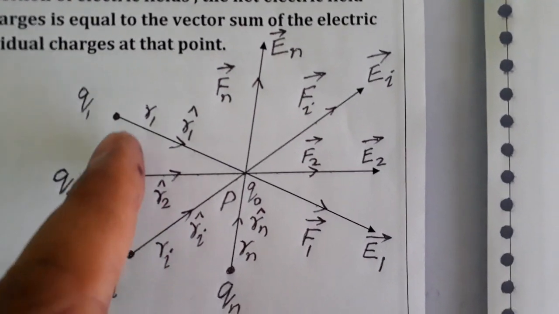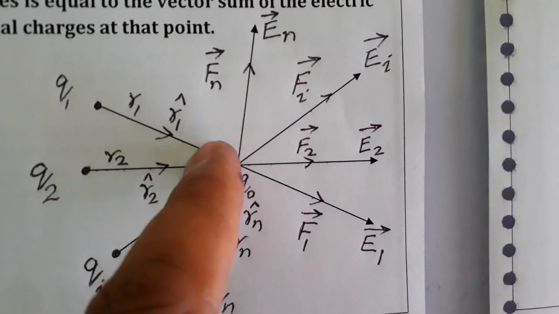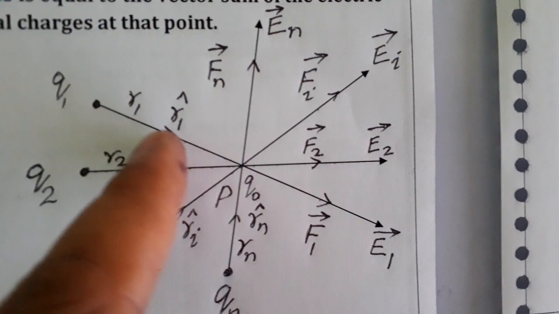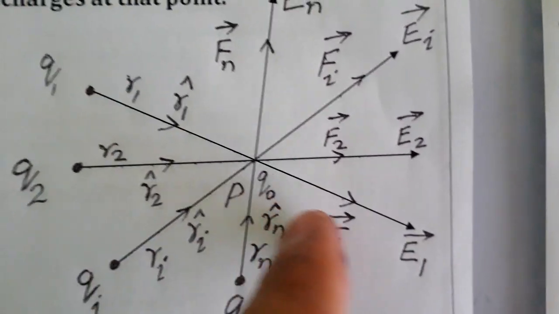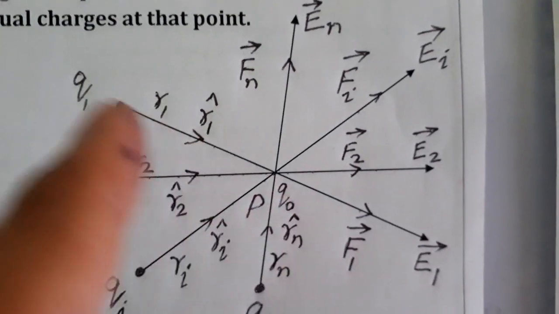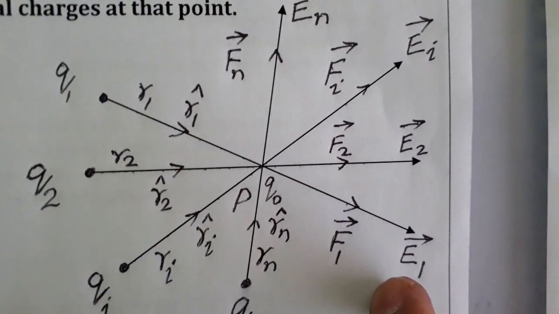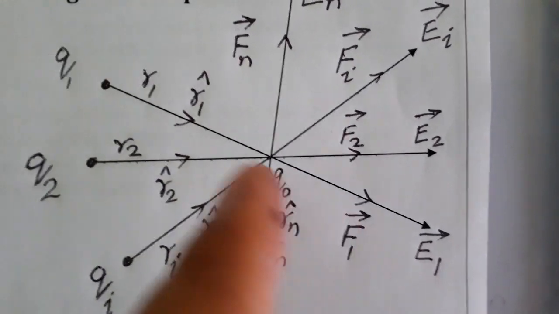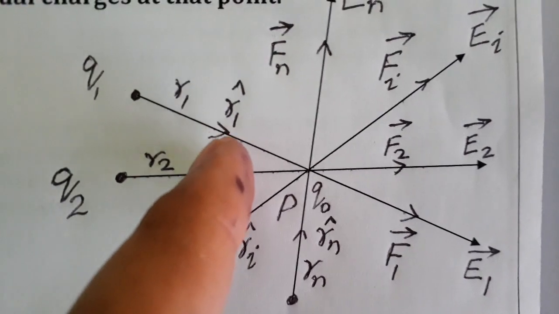You can see the charge Q1 and its distance is R1 from P, and the force F1 is exerted by Q1, and E1 is also along the direction of force. Now this force has its unit vector R1 cap.